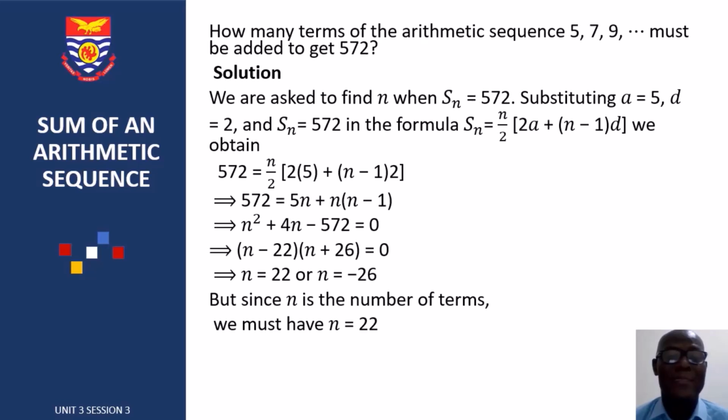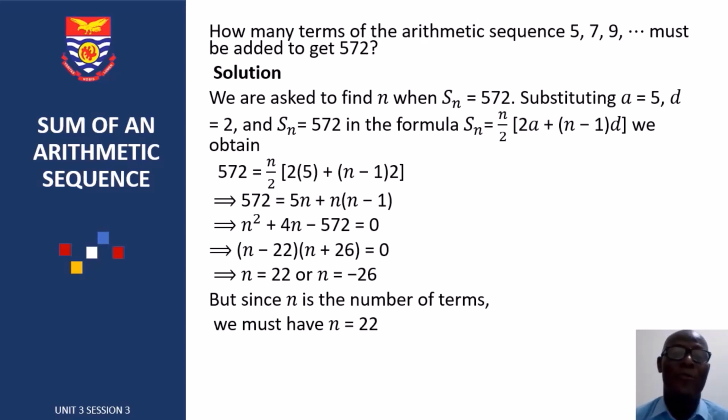So when we write 4n in terms of 26n and negative 22n, then we have n squared plus 26n minus 22n minus 572 equals 0. Now factorizing, we have n minus 22 multiplying n plus 26 equals 0. Equating each of the brackets to 0 gives n equals 22 or n equals negative 26.